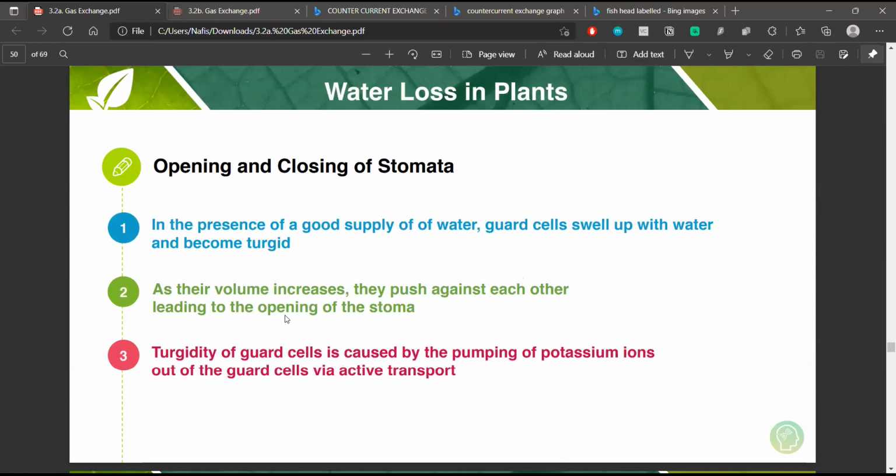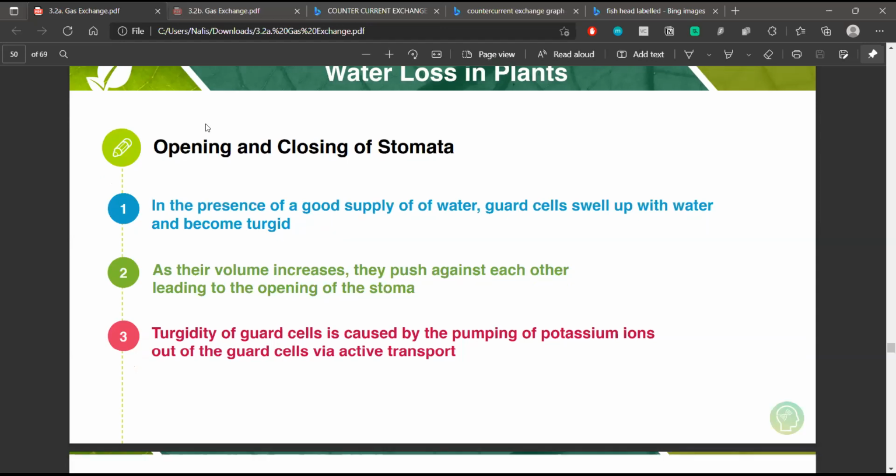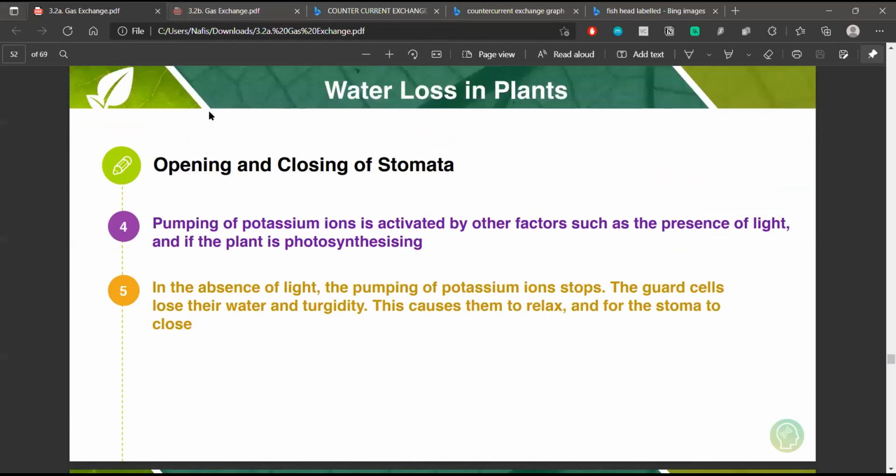So it's the other way around to what I was saying earlier, which is that they close when they're cool. And then steps 4 and 5. Any questions at this point?